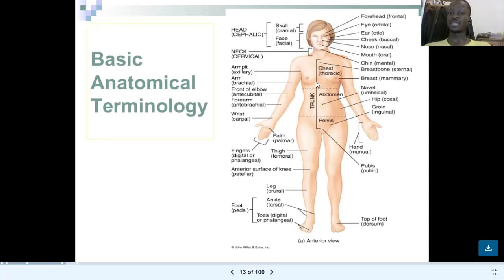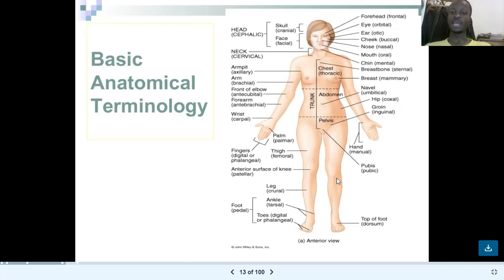Then this is your thoracic region. Remember we said we do regional anatomy. Thoracic region, you have 12 thoracic vertebrae posteriorly. This is the abdominal region. That would be your pelvis, and the genitalia region would be your perineum.